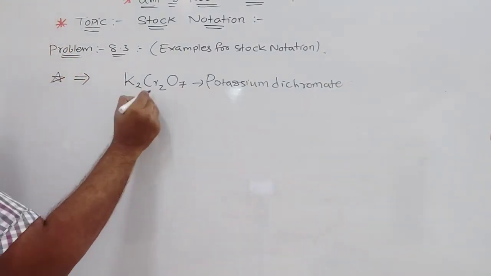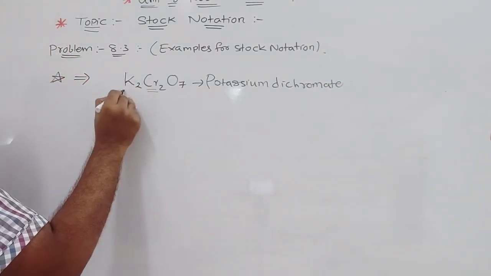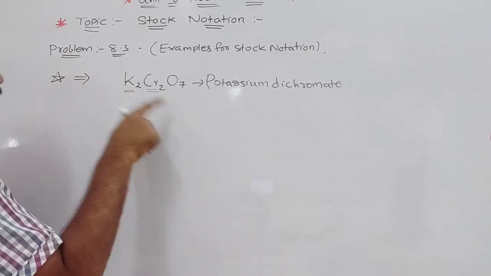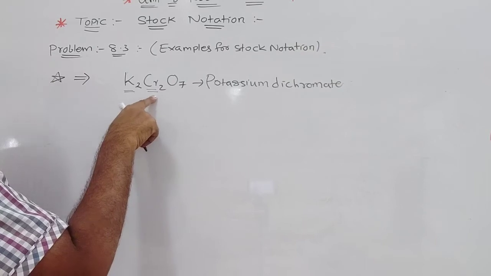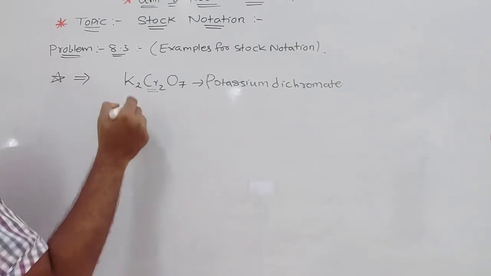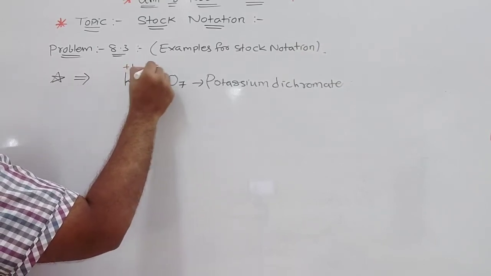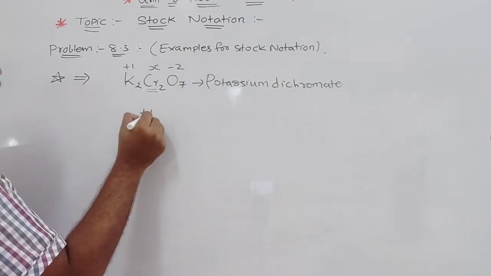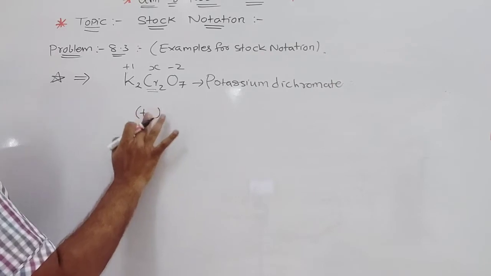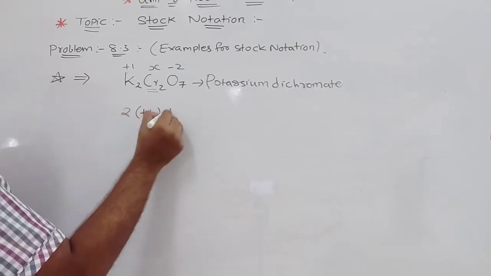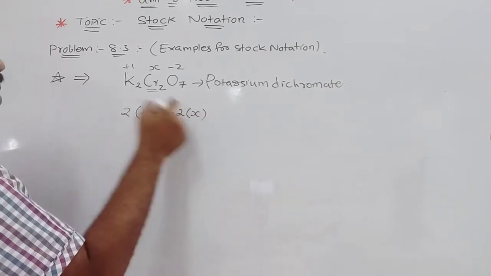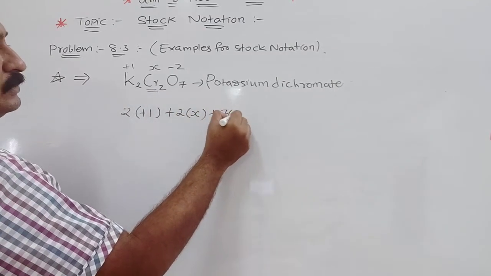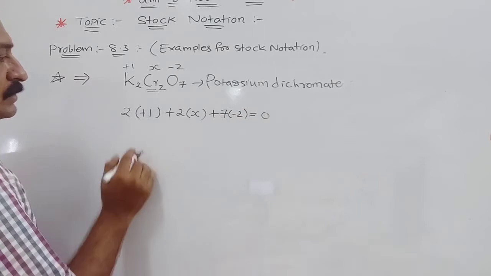Now in this case, we know potassium has only one oxidation number, that is +1, what we noted in the beginning. And chromium is having more than one, so we have to find for chromium. This is +1, this will be x, and this is -2. So 2 into +1 plus 2 into x, because here chromium is 2, plus 7 into -2 is equal to 0.